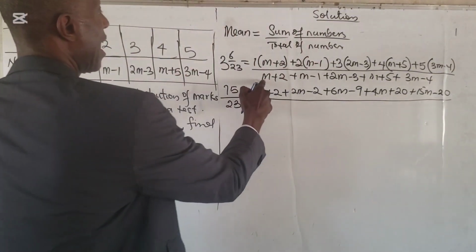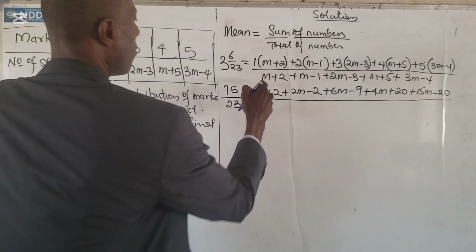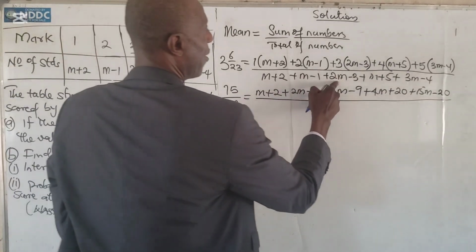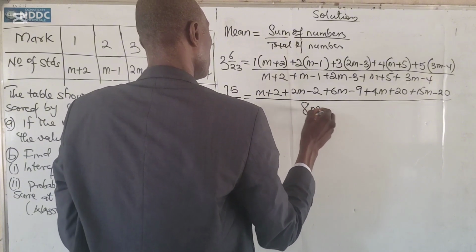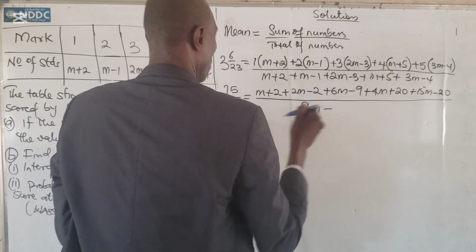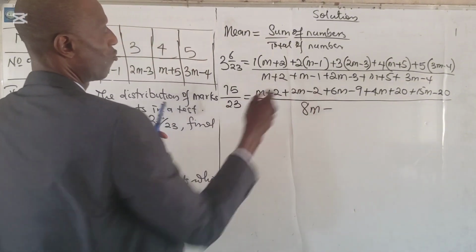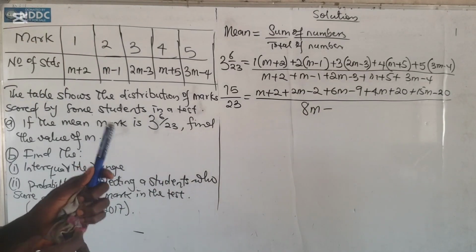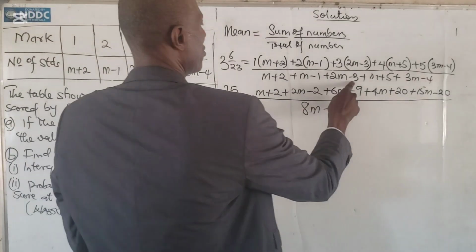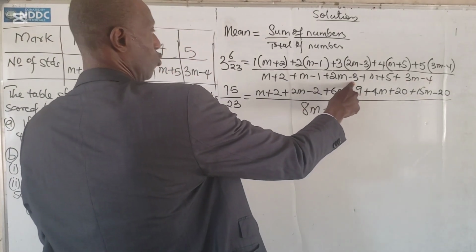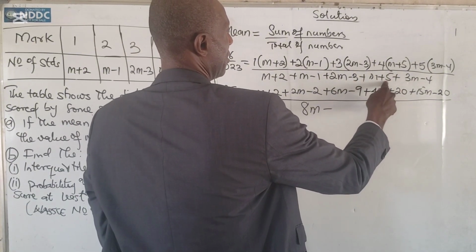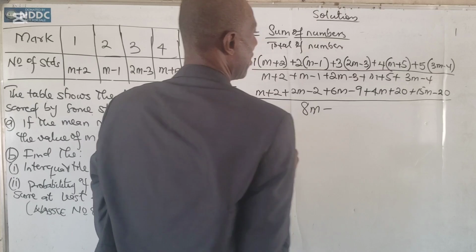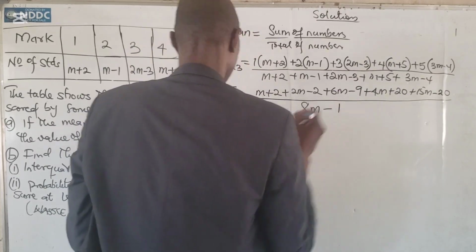All right, when you add this at the denominator, m, 2m, 4m, 5m... 8m. When you now say 2 minus 1 is 1, 1 minus 3 is minus 2, minus 2 plus 5 is 3, 3 minus 4 is minus 1.